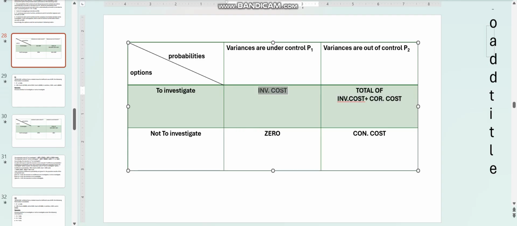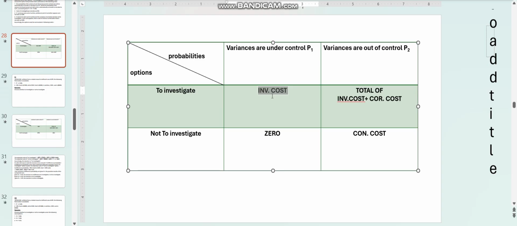First cell, that is when a decision maker decides to investigate a cost variance that is under control. The afforded cost equals investigation cost only. Why?